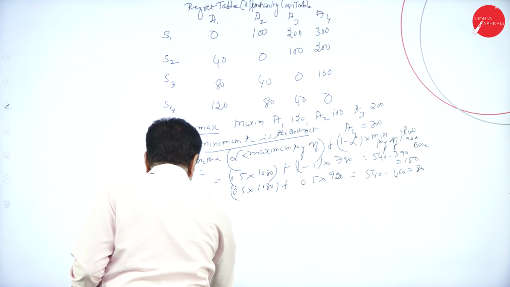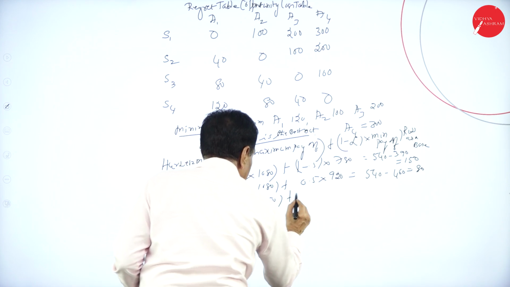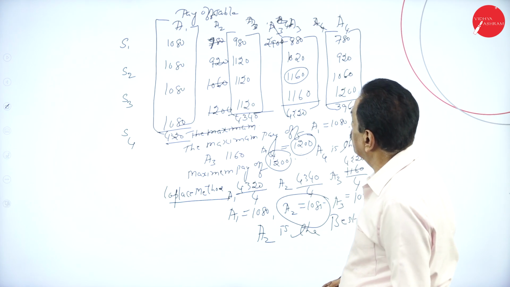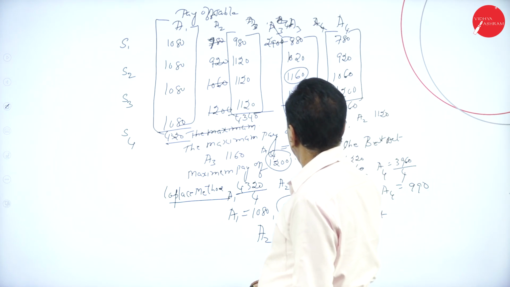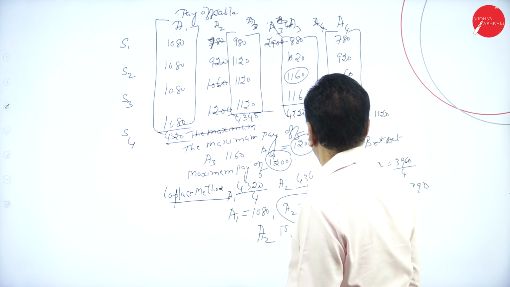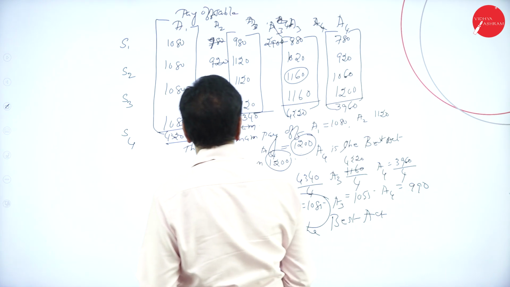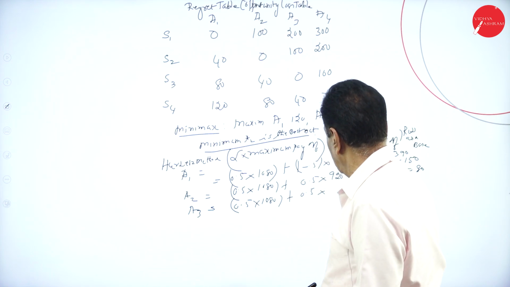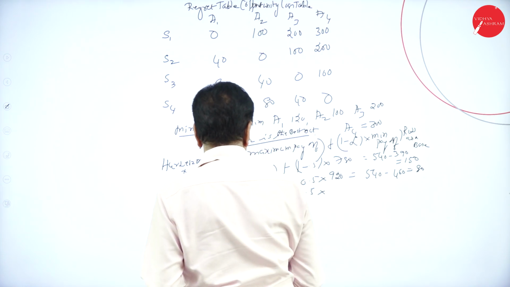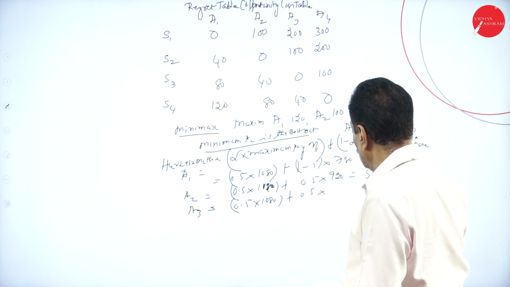A3, 0.5 into maximum payoff in that row, which is 1120, plus 0.5 into that row's minimum, 920.